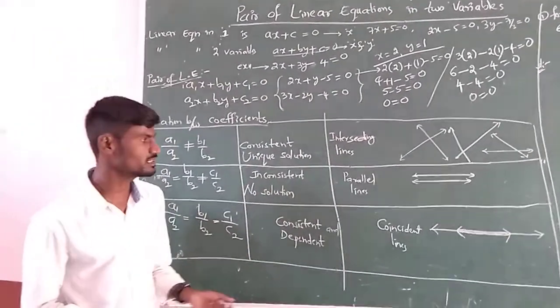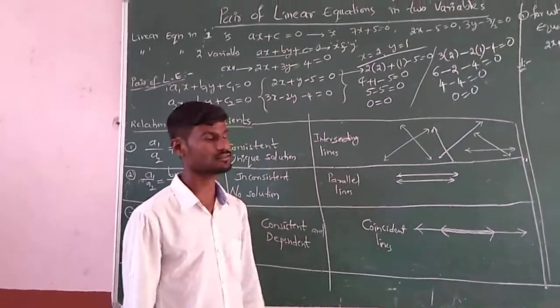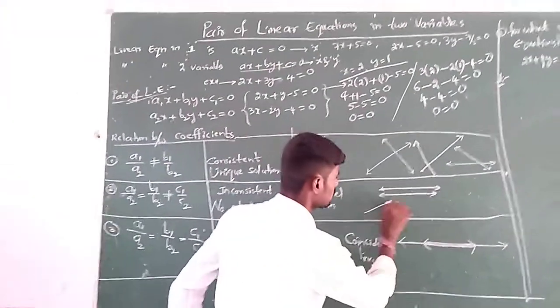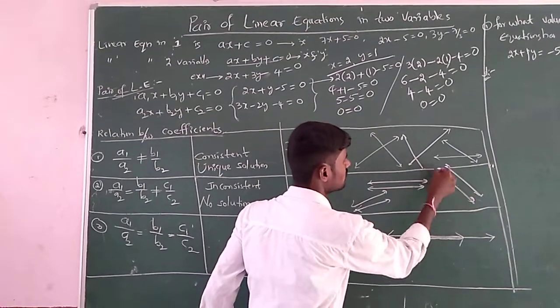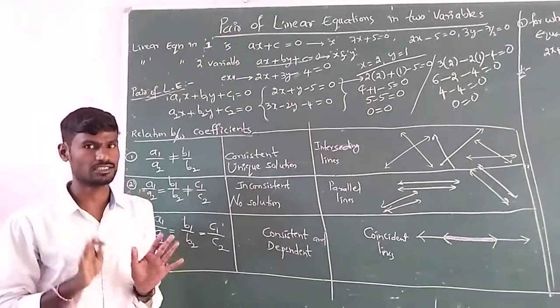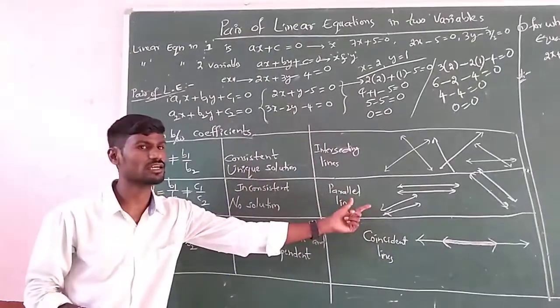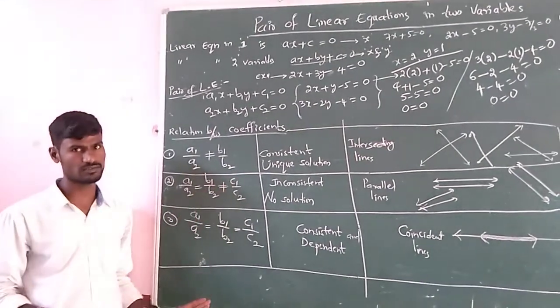Why inconsistent? If we observe their visualization, they are parallel lines, in this form or in this form. What does it mean? They won't intersect, so they won't have a common solution. That is the meaning: they are parallel lines when A1 by A2 equals B1 by B2 but not equal to C1 by C2.